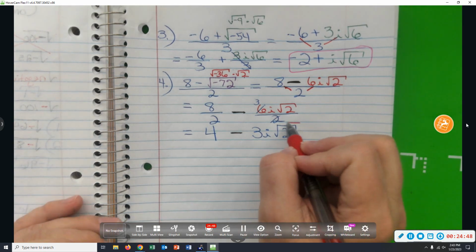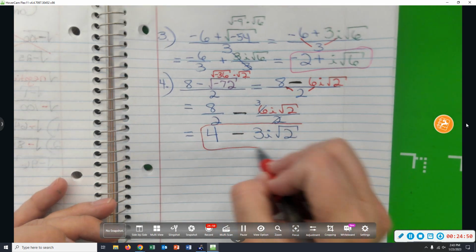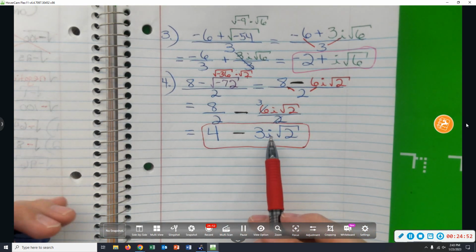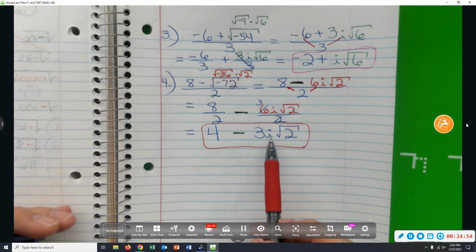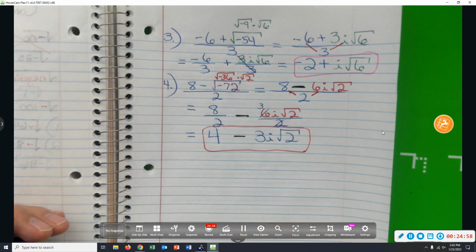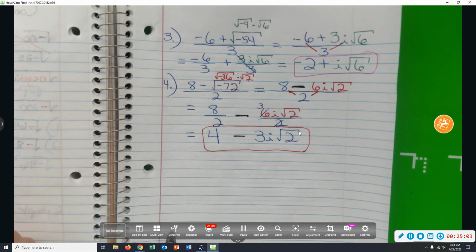Can I write that as a 1? No, I cannot. Think of that i as a variable. You can't add or subtract something with a variable with something that doesn't have that variable. And even what we saw the other day with square roots, you couldn't, because there's not a square root on the 4. So leave it as 4 minus 3i square root of 2.